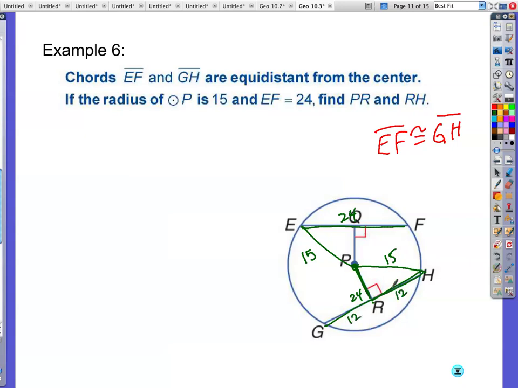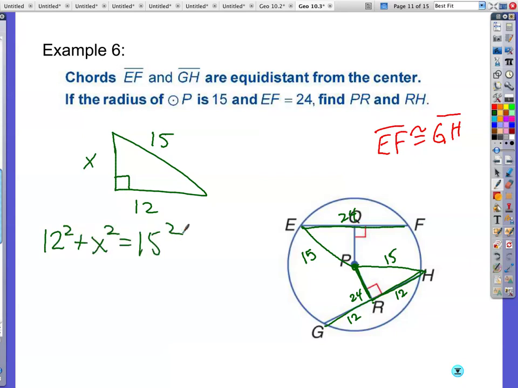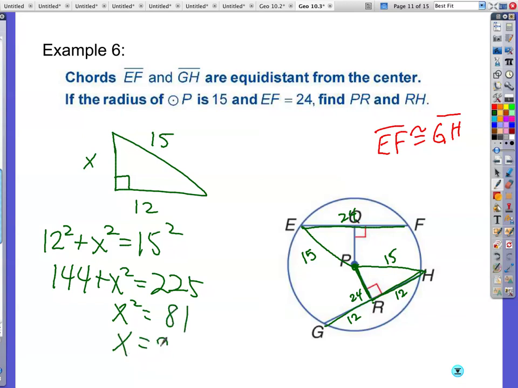So there's my triangle. I've got a 12 and a 15, and this is one of the sides that I need to find. That's my x. So I'm going to have Pythagorean theorem: 15 squared. So 144 plus x squared equals 225. 225 minus 144 gives me 81, so x is equal to 9.